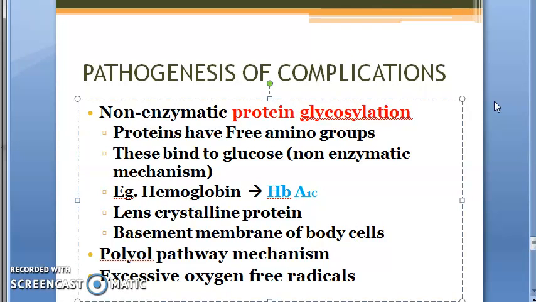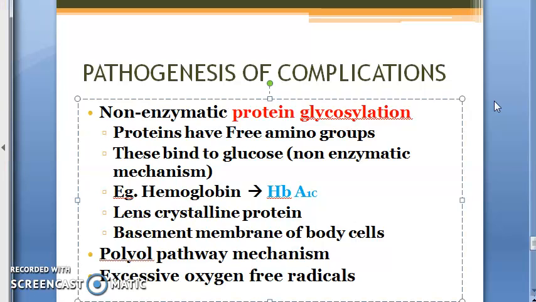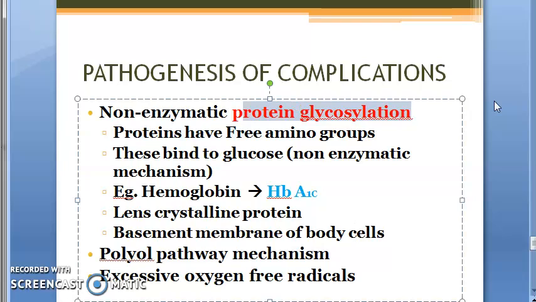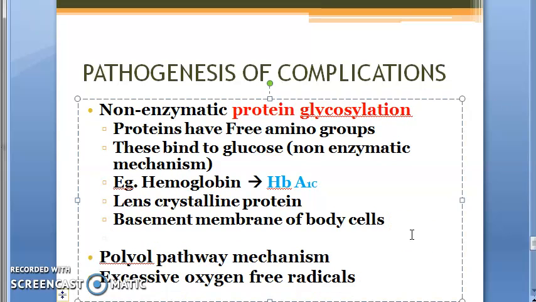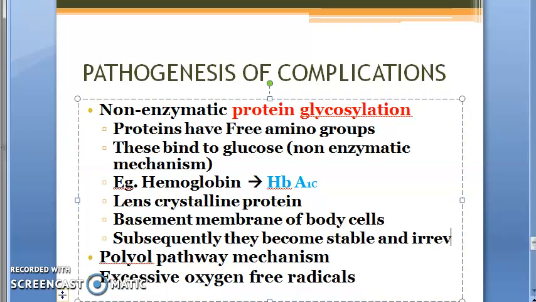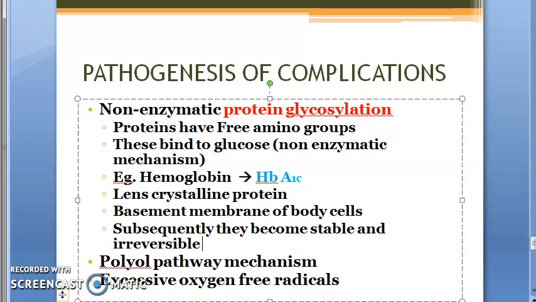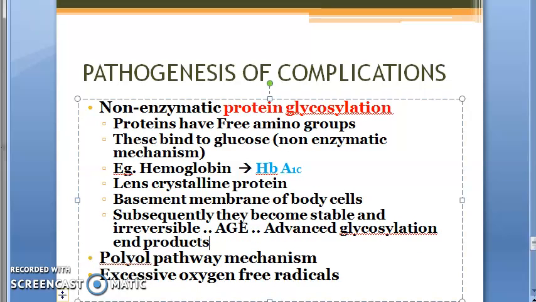So what exactly is happening here? As and when this glycosylated protein starts depositing, subsequently it becomes stable and irreversible, and they form advanced glycosylation end products, called AGE.